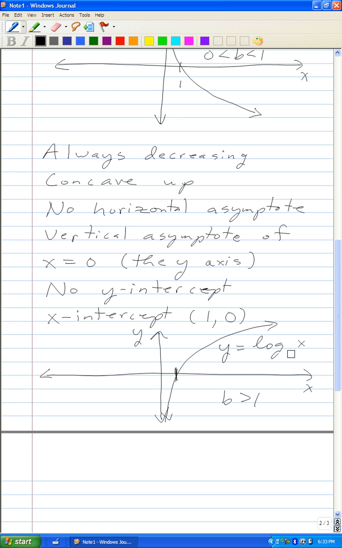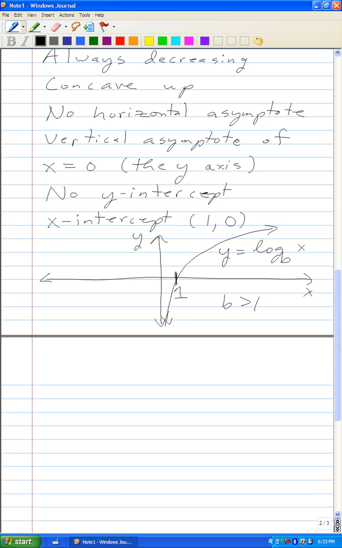Then the logarithmic function has a graph looking like this. And so it's always increasing, but it's concave down.